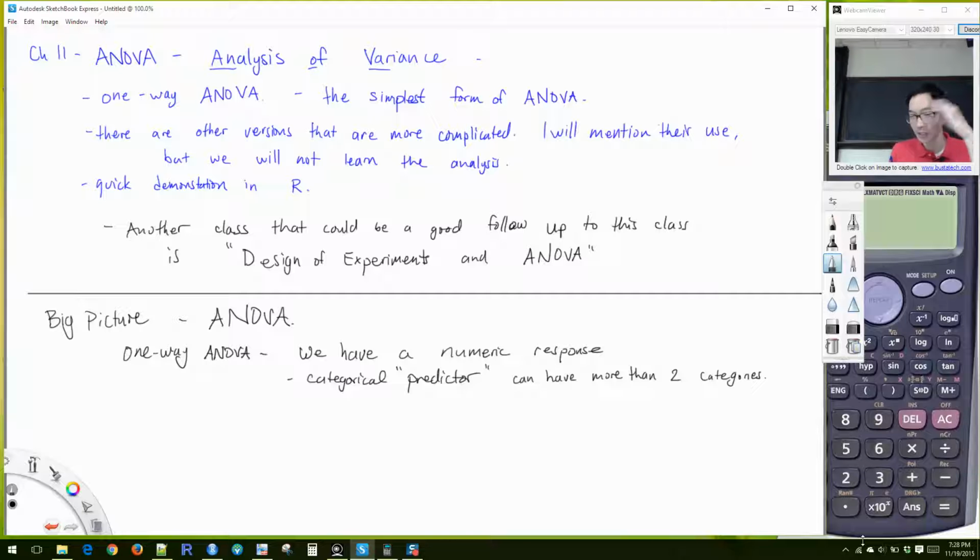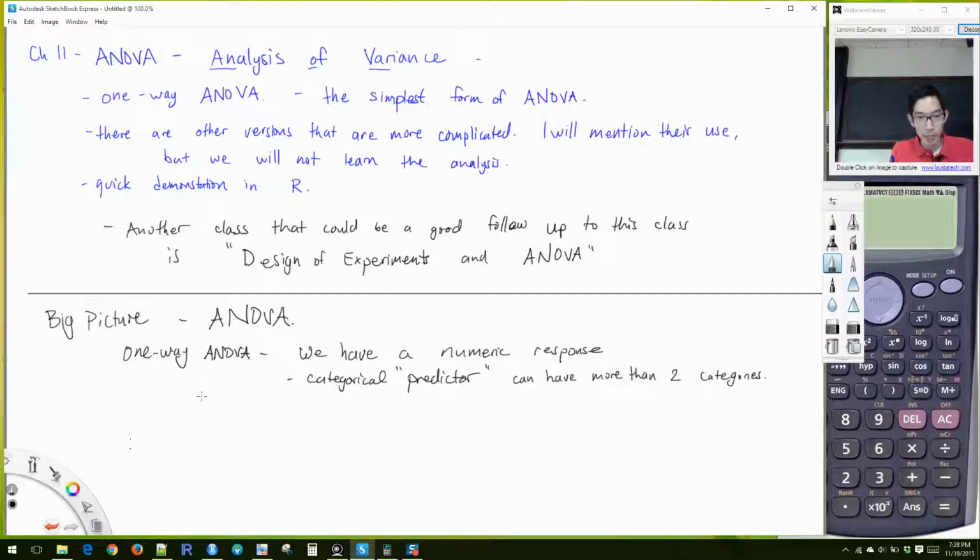Or whether this group of plants got one thing and this group of plants got something else, was there a difference in the heights that they grew, or whatever it might be? We've covered t-tests quite a bit. We've got a numeric response and 2 categories there, right? With one-way ANOVA, we can have more than 2 categories.